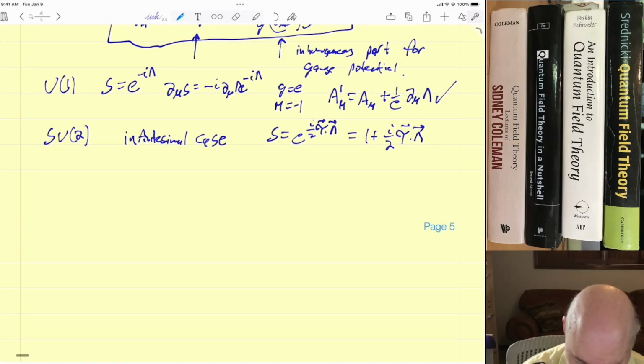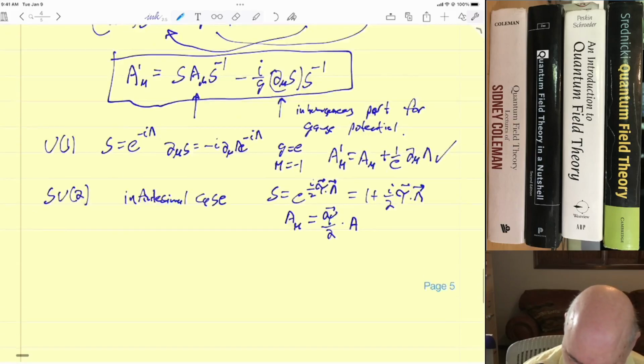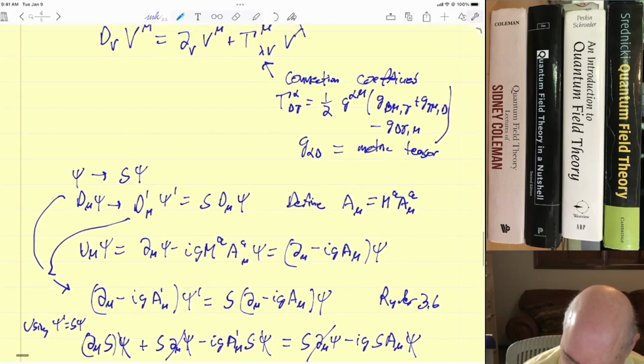And again, our definition of A mu: A mu is equal to tau over 2 dot A. Let me go back here.